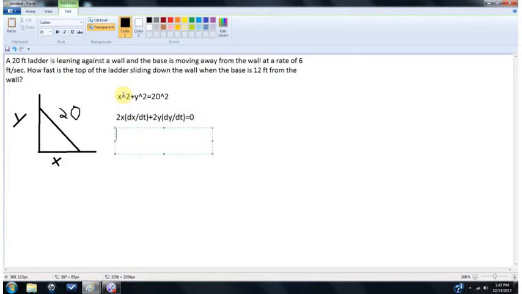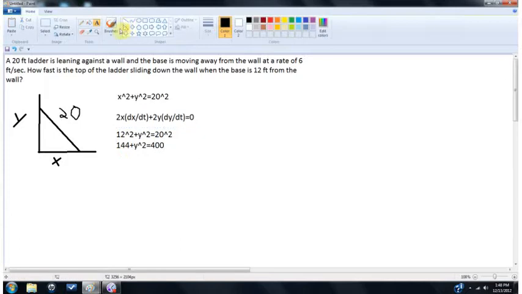So since our base is 12 feet, our x is going to equal 12 squared plus y squared. Our y is the unknown for now, equal to 20 squared. So we simplify, we get 144 plus y squared equal to 400.